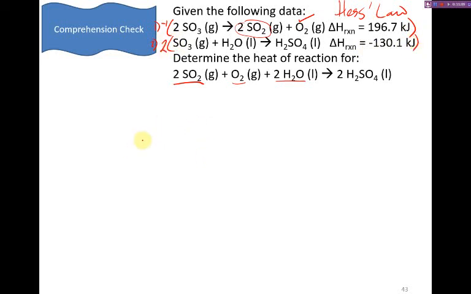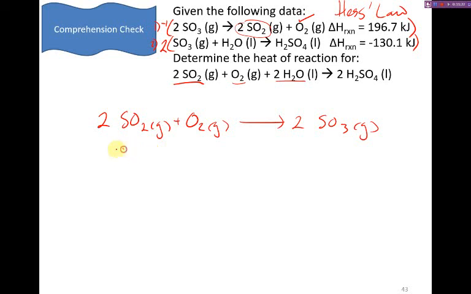So if we rewrite these equations, we're going to get 2 sulfur dioxide gas plus oxygen gas yields 2 sulfur trioxide gas, and 2 sulfur trioxide gas plus 2 water liquid yields 2 H2SO4 liquid.